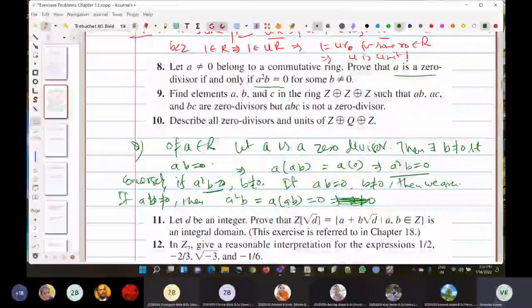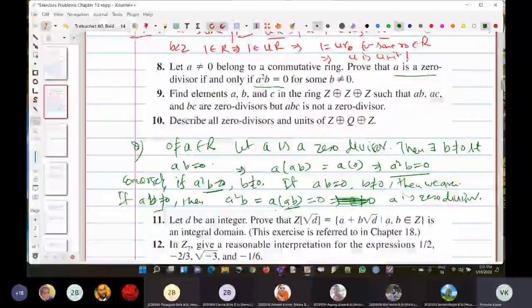So what we have is A is non-zero, and we are able to get an AB which is non-zero, such that their product is 0. This means A is a zero divisor. Understand or what?